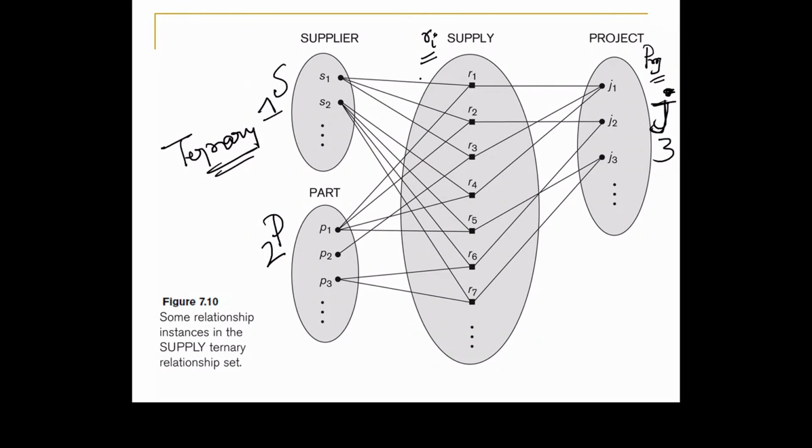So what is the general thing? A relationship can generally be of any degree, but the most common are binary relationships. That means two entities are participating in each other.